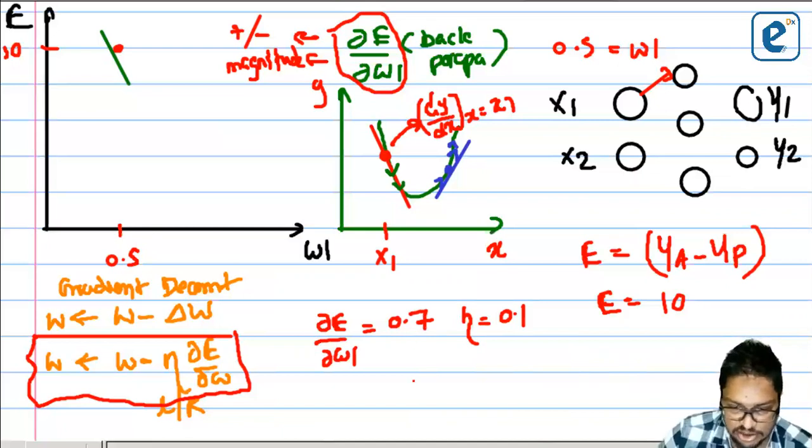So the old weight is 0.5, minus the learning rate 0.1 into 0.7.